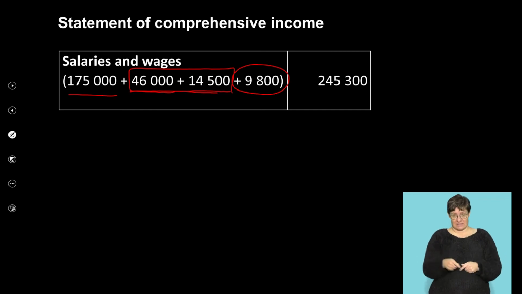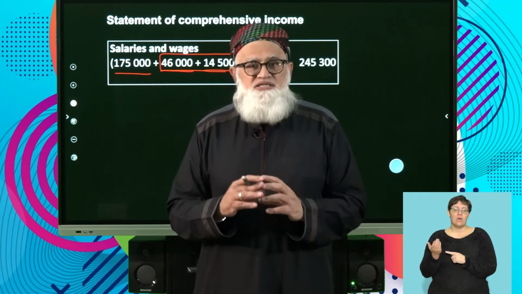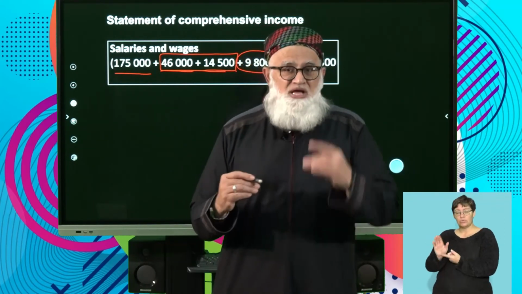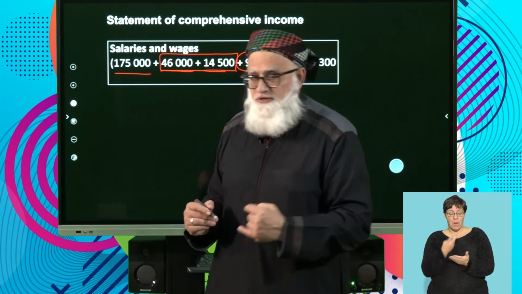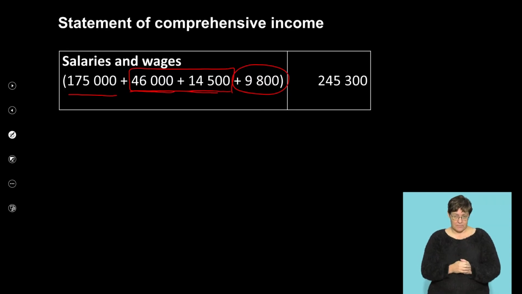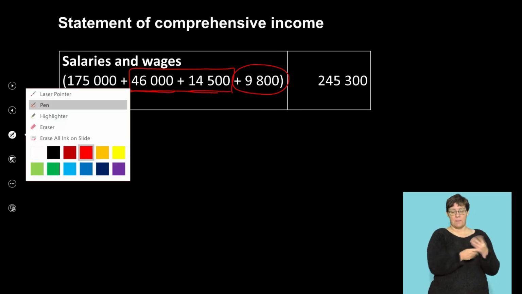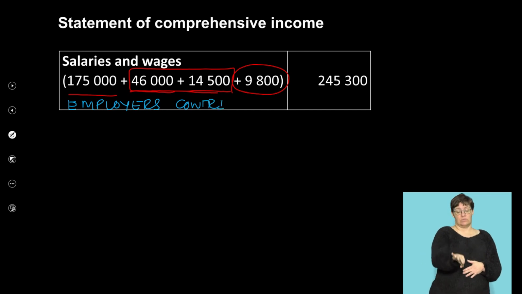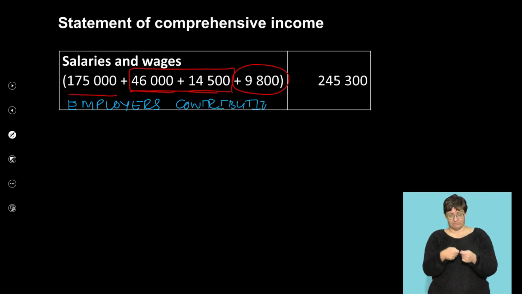Understand that. Sometimes it is shown as part and parcel of salaries and wages, and sometimes it is shown as a separate amount. I'm going to show you both methods here. Watch. In this case here, it's added as part of salaries and wages, but you could have a situation where you are told, show your employer's contribution as a separate item. Therefore, you would have employer's contributions as a standalone 9,800.